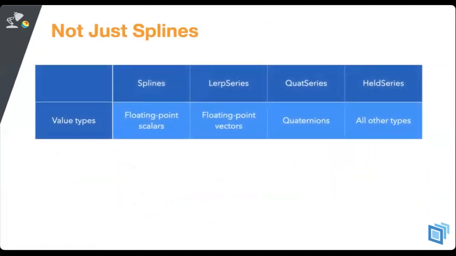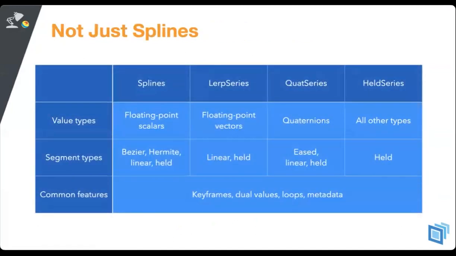If you are doing something that's a floating point scalar, then you'll get a spline. If you are doing something that is, for example, a position triple, then you can do it as a lerp series. There are some subtleties here, especially for rotations, and this is also dealt with in depth in the proposal, but there are different ways you can pack things and store them.